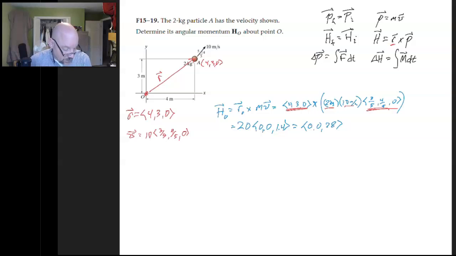Okay, now our units on that, let's check our units real quick. All right, so these are meters, kilograms, meters per second. So what I get is this weird thing: a kilogram meter squared per second. Unfortunately, there's not really a good way to refer to that.